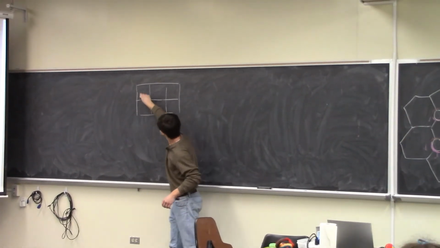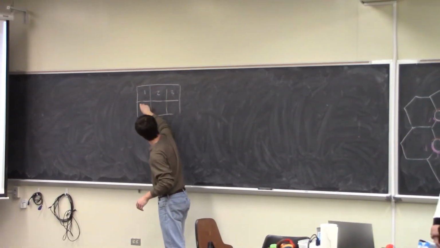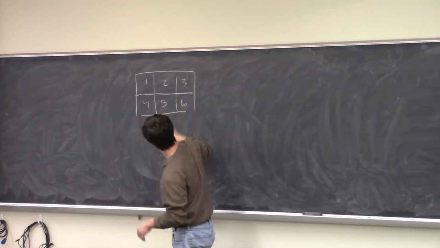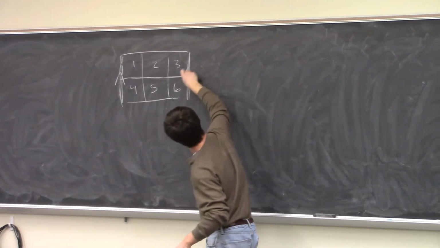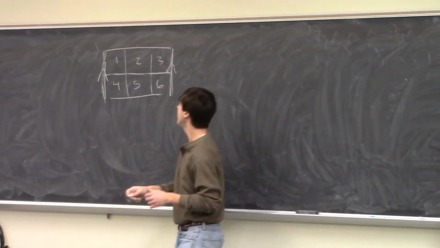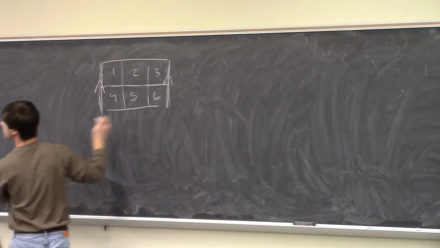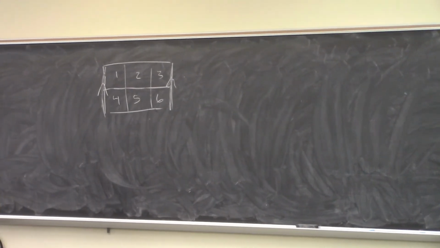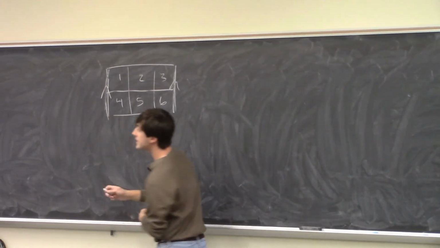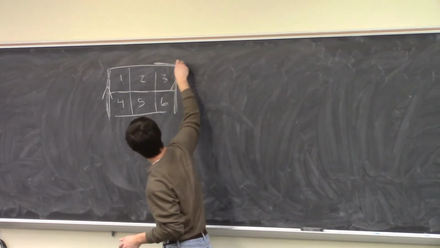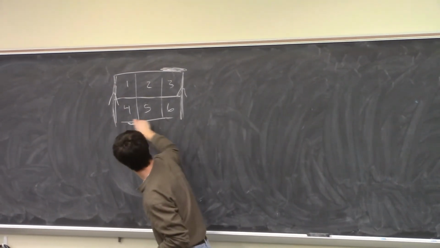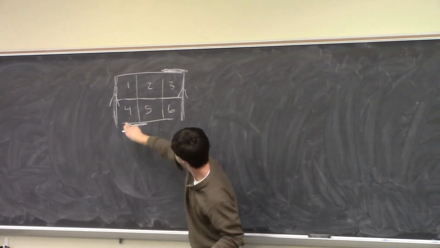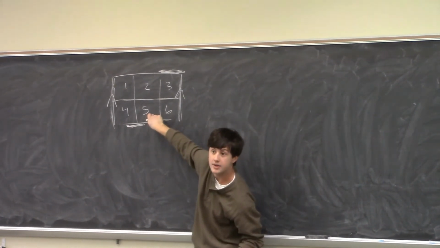There's six regions here, 1, 2, 3, 4, 5, 6. And these two sides are identified straight off. And then the top and the bottom are identified with a slight shift, so that this top part here comes out down here, so that region 3 touches region 4 and region 5.